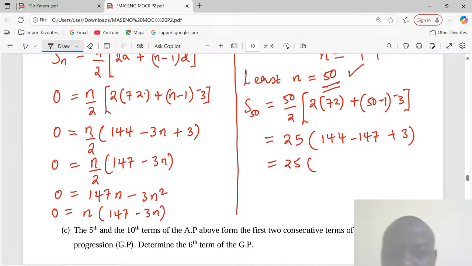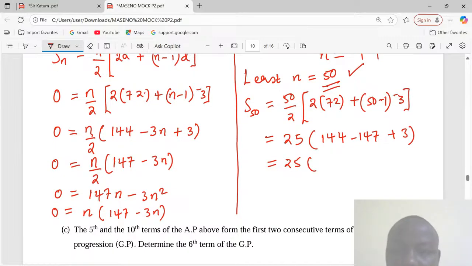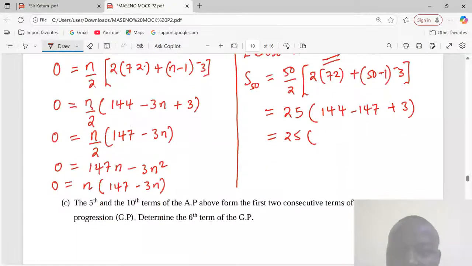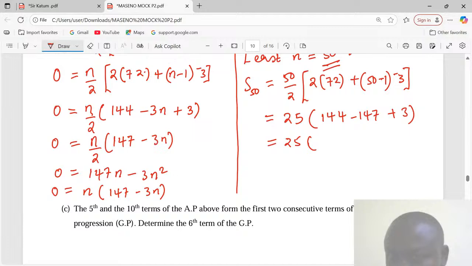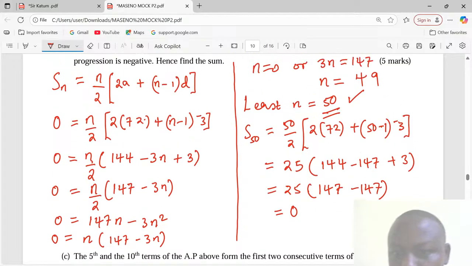Then now we have to proceed. 147 minus 147 giving us 0 by 25, 0. Does it mean we have two terms which are both giving us 0?